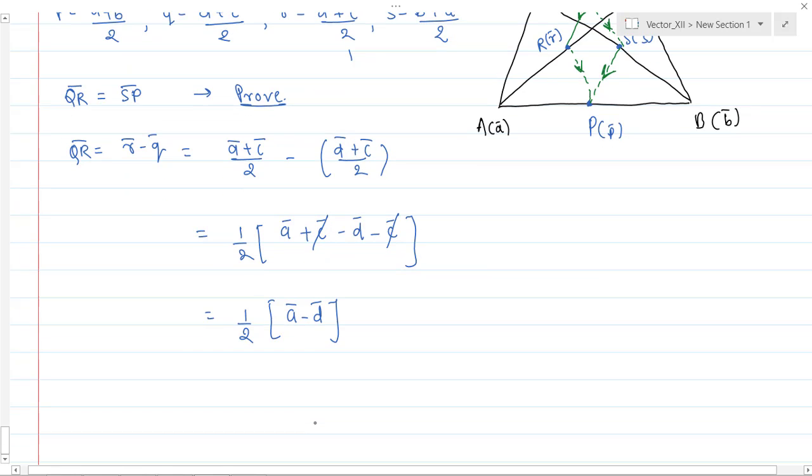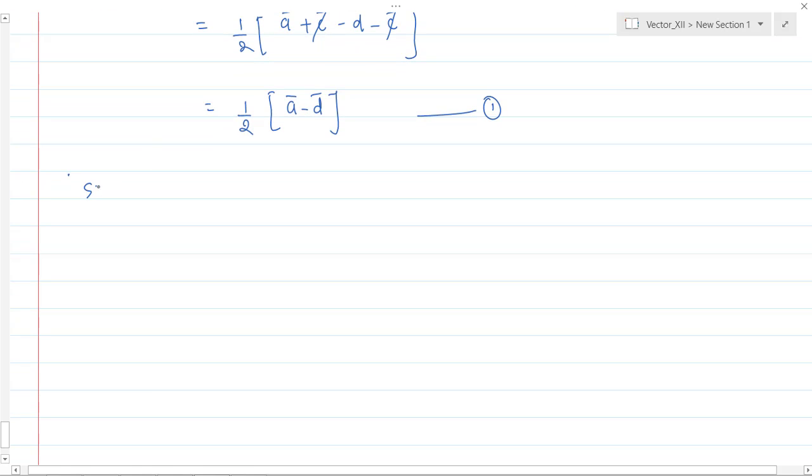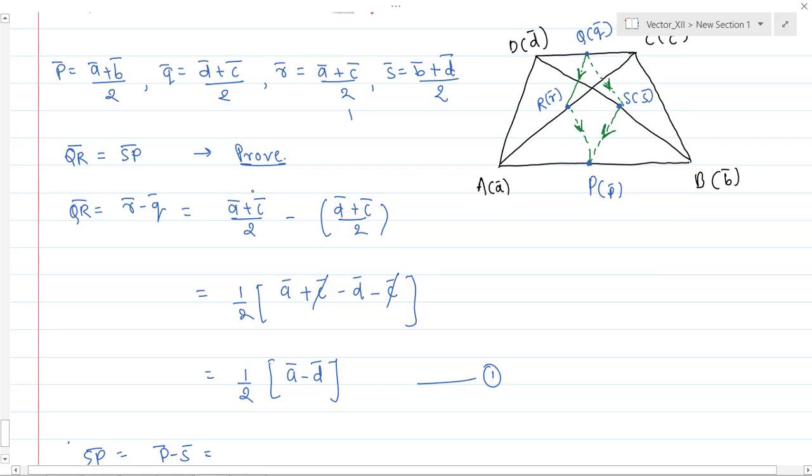Now let's solve for the SP bar. This is our QR bar, equation number 1. Let's solve for the SP bar. So SP bar is equal to P bar minus S bar. What is P? It is (A plus B) by 2, and S is what? It is (B plus D) by 2.